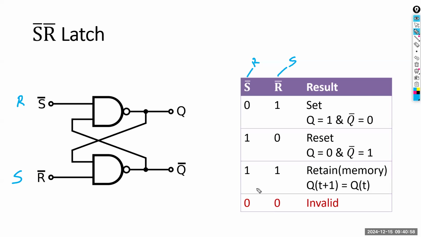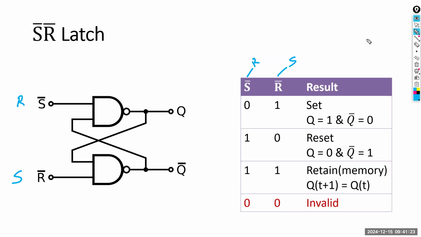So the only difference is that. Now the invalid situation is 0, and memory is 1. Just consider S bar and R bar as R and S, so you can easily remember that. Also, now we have two NAND gates, not two NOR gates.